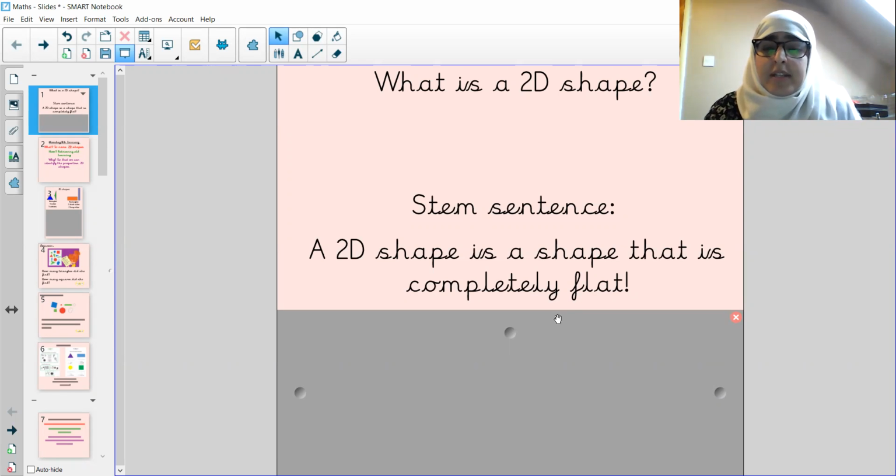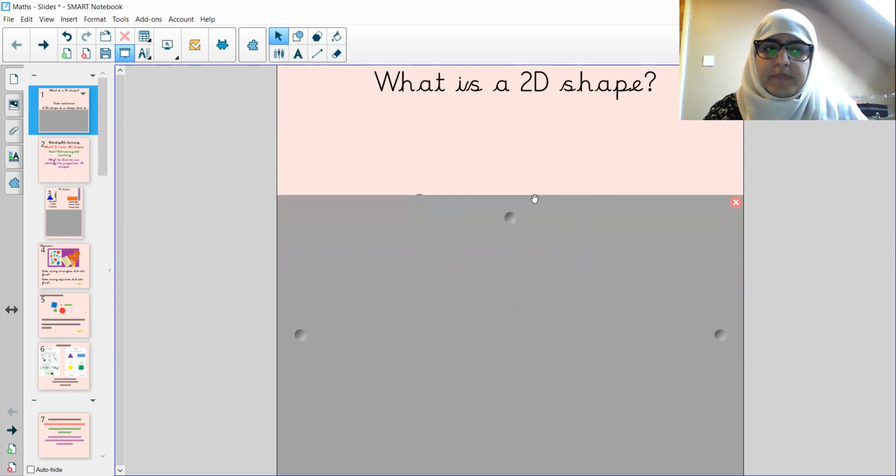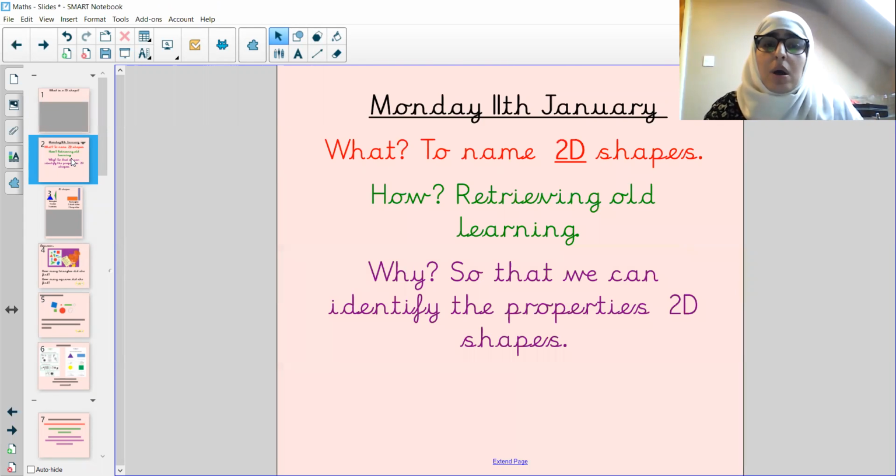Now we'll be using this learning today to look at 2D shapes a little bit more. I'm just going to put that back up, and we're going to look through our what, how and why. Our what today is to name 2D shapes, how is by retrieving old learning. A lot of us might already know what some 2D shapes are, which is fantastic, but we're just going to consolidate that learning.